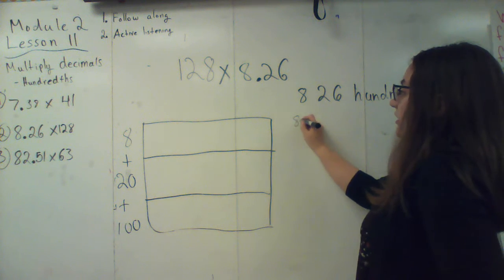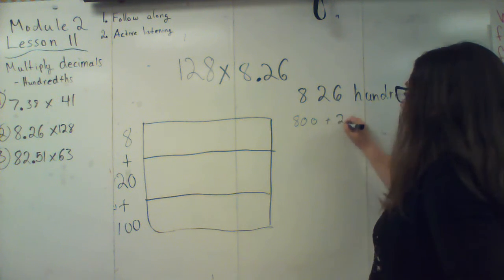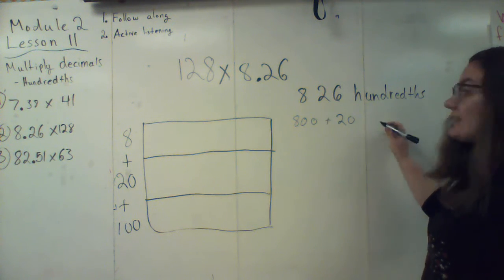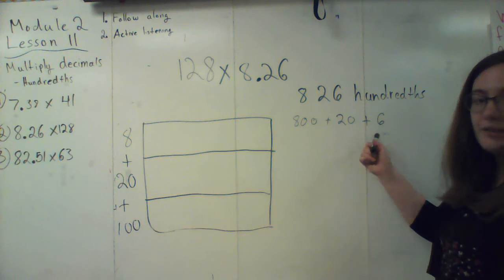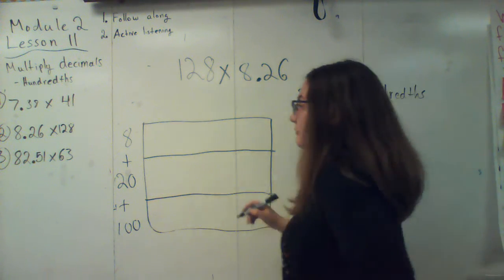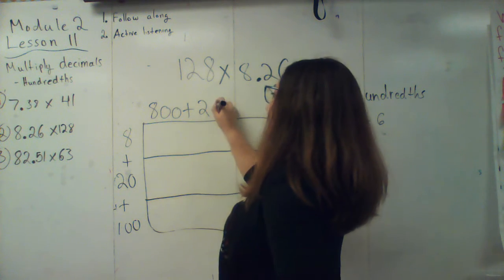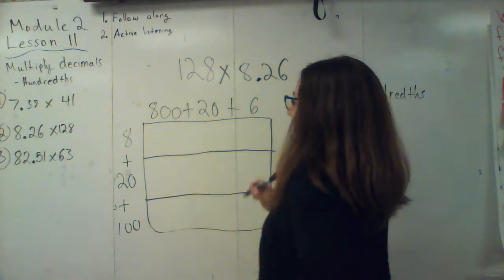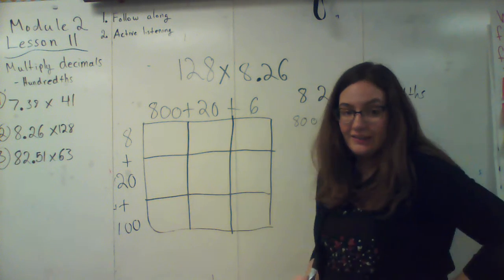So I have 8 hundreds plus 2 tens, which is 20, plus 6 ones. So my expanded form is 800 plus 20 plus 6. This all needs to go at the top of my area model. So I have 800 plus 20 plus 6, and draw the lines where I see my plus signs.